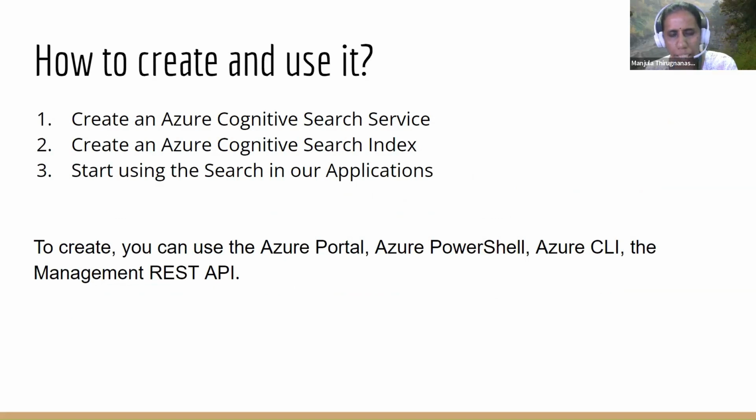So how do we create and use it? First we create an Azure Cognitive Search service. Then we create an Azure search index. Then we start using the search in our applications. We can create these using the Azure Portal, Azure PowerShell, Azure CLI, or the management REST APIs. You can use any of these.